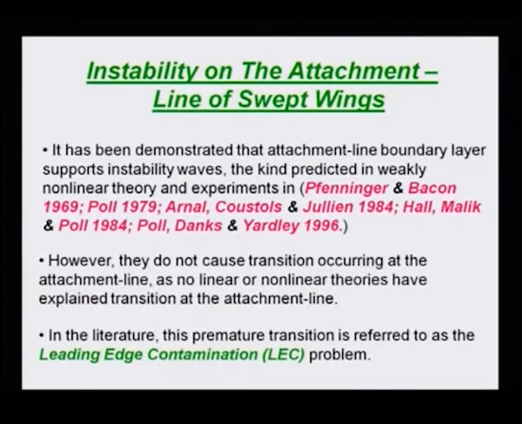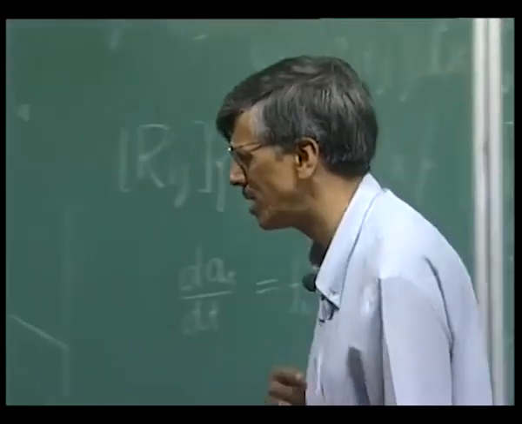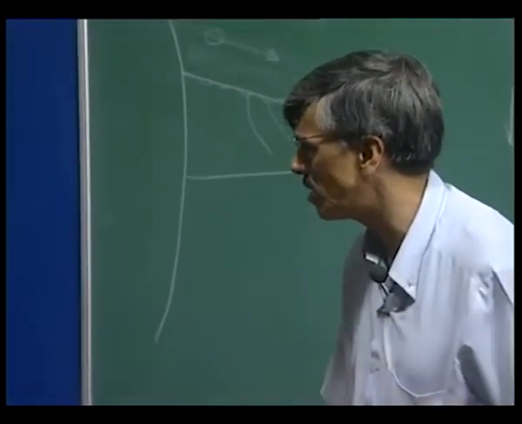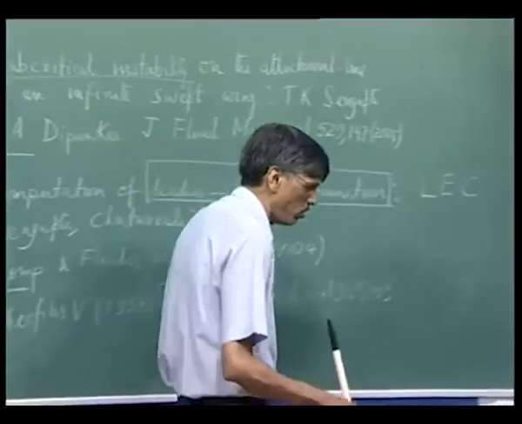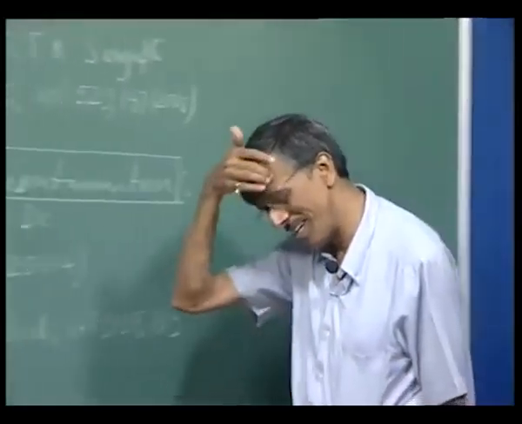Subsequently, of course, he teamed up with other people at Göttingen, one of the DLR labs, and they tried to study this, and one of his students also did some computational work. Basically, it was very interesting.